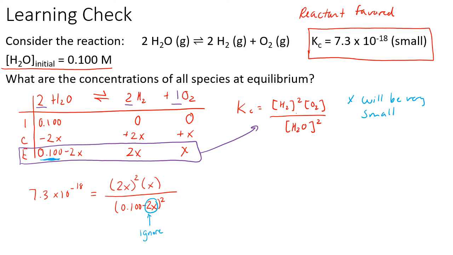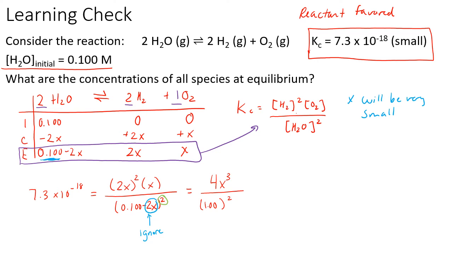We don't want to ignore the squared, we still want to square our value, but we can ignore the minus 2x. We never ignore any x's that are multiplied or divided, but we only ignore the ones that are added or subtracted. So now if we rewrite this fraction, on the top we're going to have 4x squared times x, which will become 4x cubed, over 0.100, and then we still have our squared there.